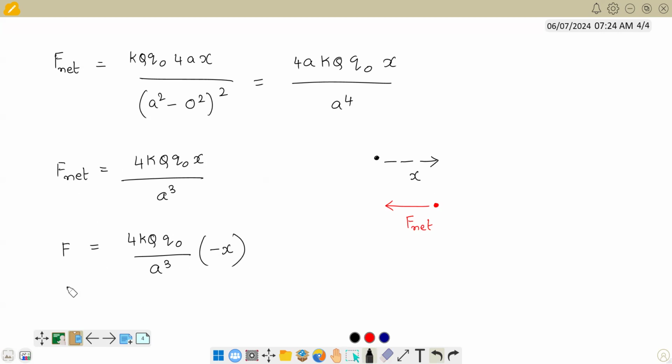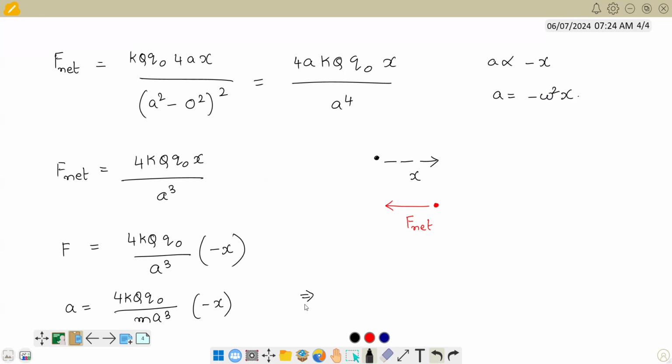So we know in simple harmonic motion, if I find the acceleration here, acceleration would become 4k q naught divided by mass, m a cube, into minus x. So we know acceleration proportional to minus x represents simple harmonic motion. And here a would become minus omega square into x.